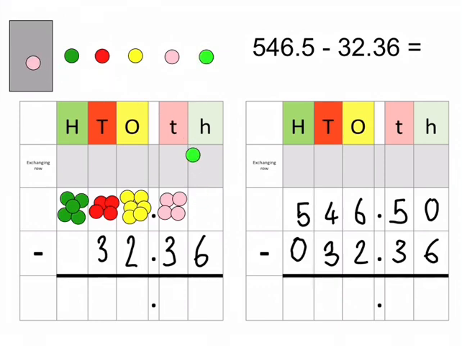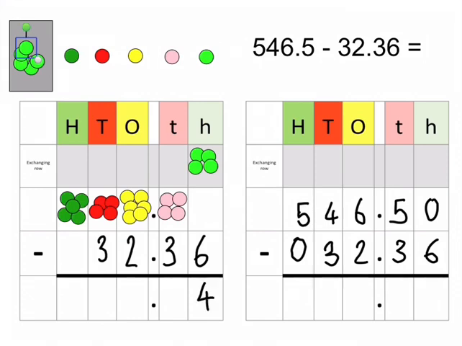1, 2, 3, 4, 5, 6, 7, 8, 9, 10. Now I can take away 6 hundredths, sorry. 1, 2, 3, 4, 5, 6. That leaves me with 4.